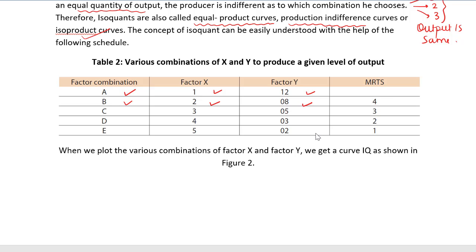It is marginal rate of technical substitution. In combination C, the factor X is 3, factor Y 5, and MRTS is 3. In combination D, factor X 4, factor Y 3, and MRTS is 2. In combination E, factor X 5, factor Y 2, and MRTS is 1.